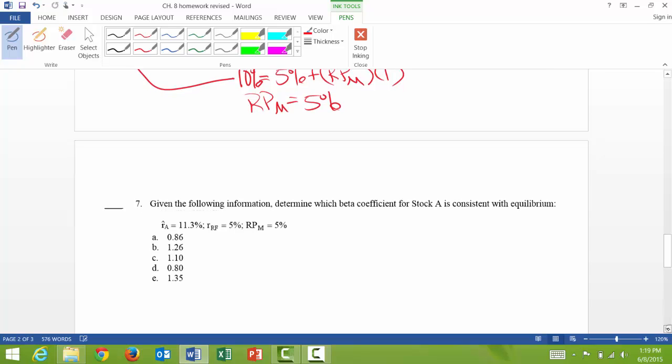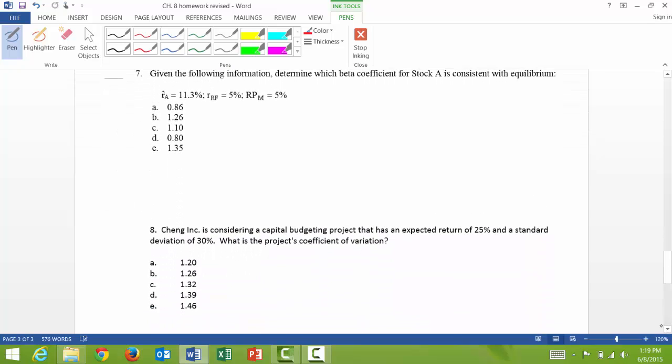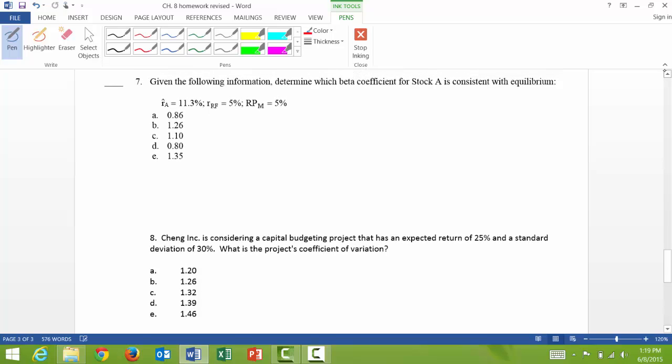And then we have down here, question 7: given the following information, determine which beta coefficient for stock A is consistent with equilibrium. The expected return for stock A is 11.3%. So I would say R, or 11.3, is equal to the risk-free rate, 5%, plus the market risk premium of 5% times the beta for stock A. And so I just subtract 5% from both sides.